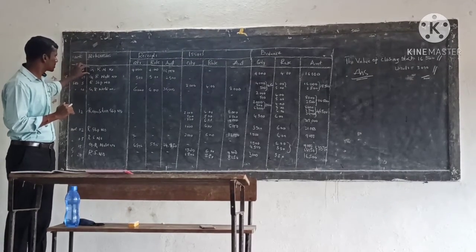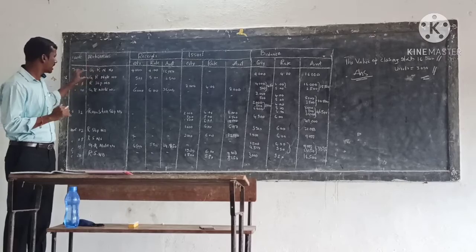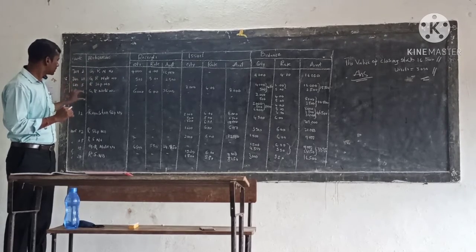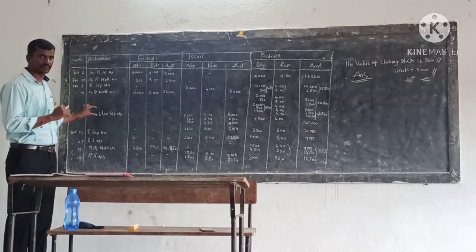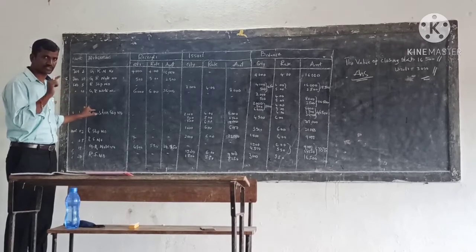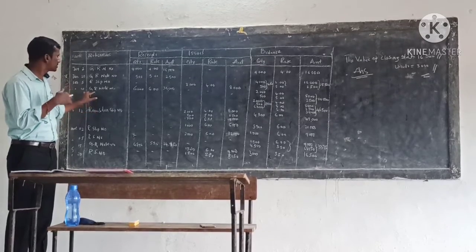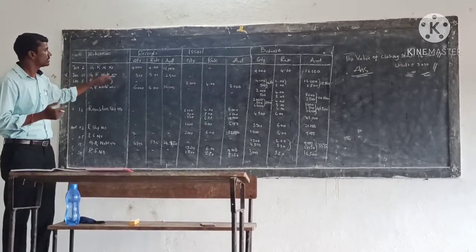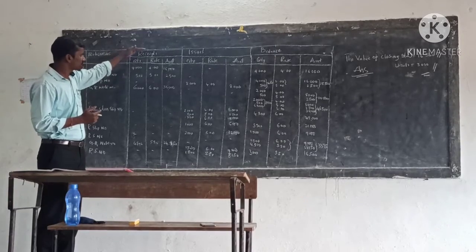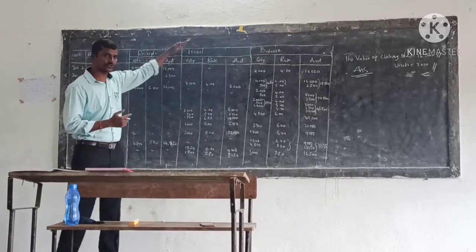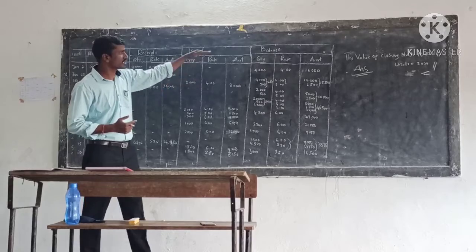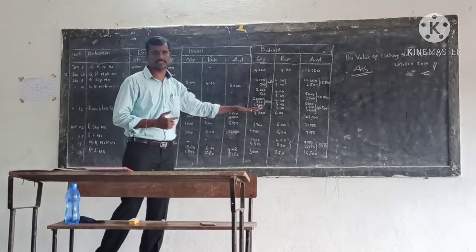In the particulars column, you write the goods received note or requisition slip number. Whenever we issue, you write the requisition slip number. Whenever we receive, the goods received note number. Whenever we receive, you write in the receipt column. Whenever we issue, you write in the issue column. Then the balance should be written in the balance column.